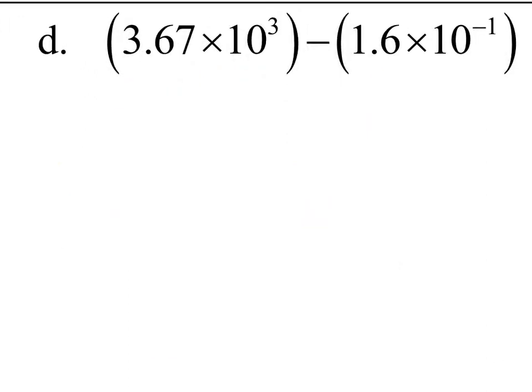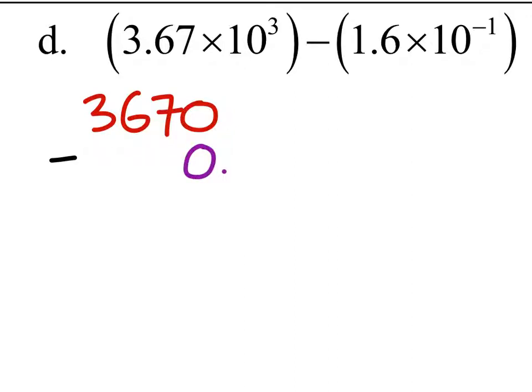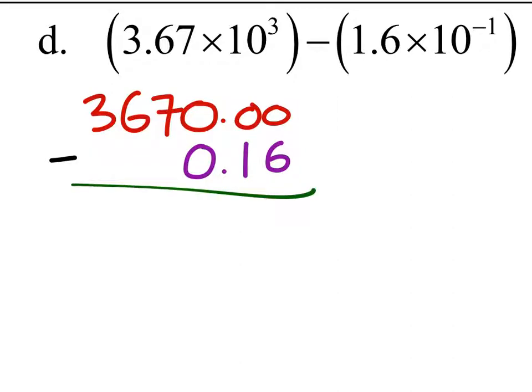We got subtraction. So I'm going to have 3,670, and we're going to subtract from these. That appears that it would be 0.16. So I'm going to need a decimal on that 3,670. And by subtraction, I got to borrow 1, so I'll make that a 9, borrow from the next place.